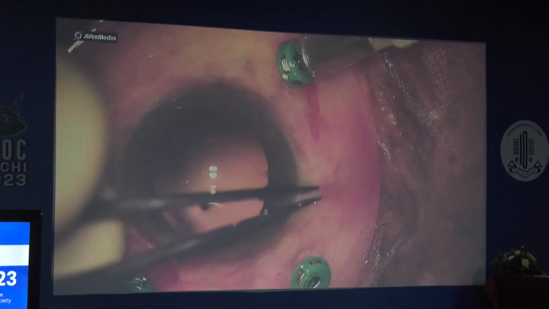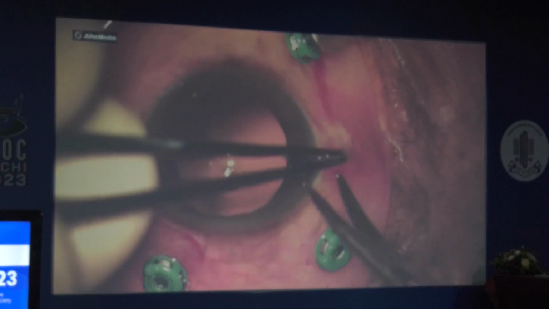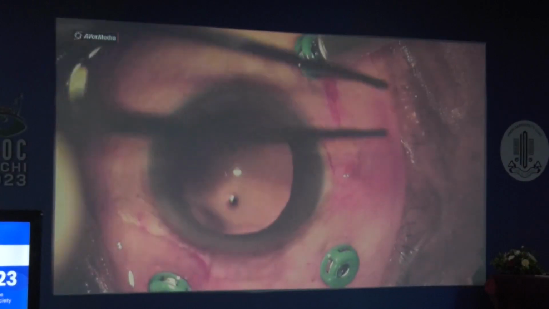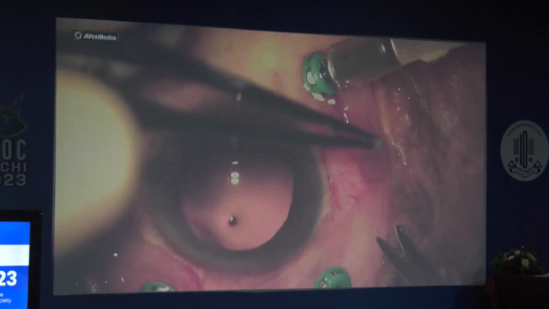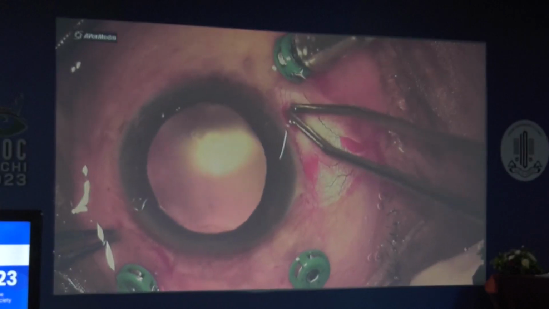So after a complete vitrectomy, we do small peritomies at 3 o'clock and 9 o'clock, followed by cautery.